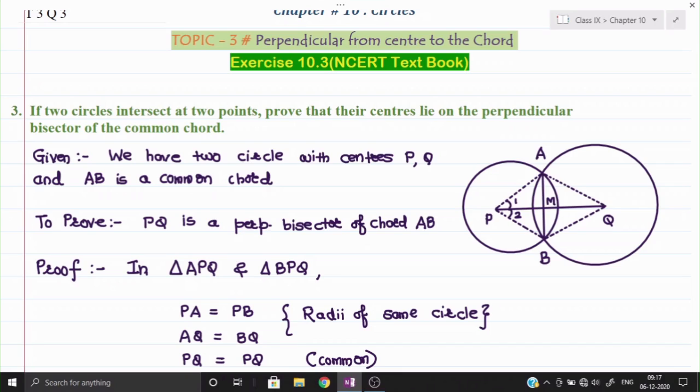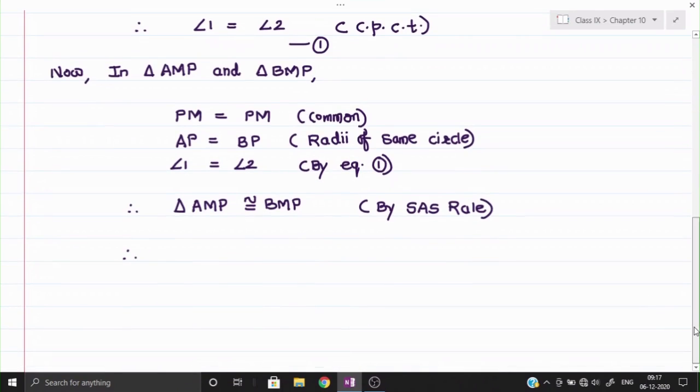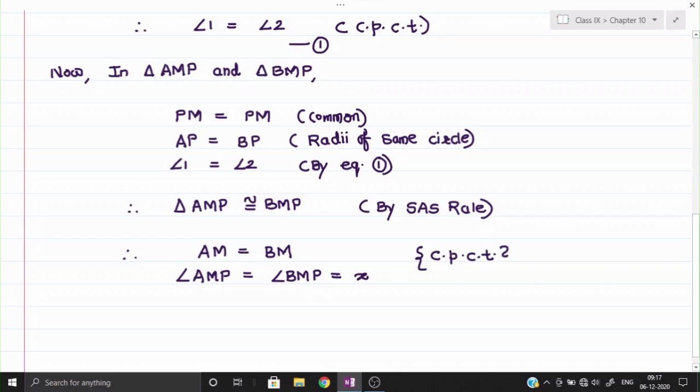So AM and BM will also be equal. Now we will have equal over here with the help of CPCT. So first I will write down AM is equal to BM, and second one, angle AMP is equal to angle BMP. That is also with the help of CPCT. I am supposing they are equal to X. And here the reason we can give for both of them is the same, CPCT, corresponding parts of congruent triangles.